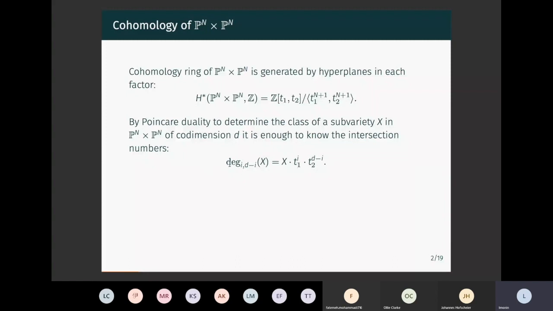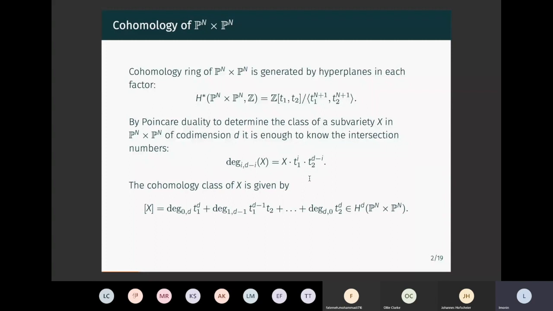I will call the multi-degree of X of index i, D minus i, the intersection index of X with the pullback of a hyperplane from the first factor taken to degree i, and all together intersected with the pullback of a hyperplane from the second factor to the degree D minus i.